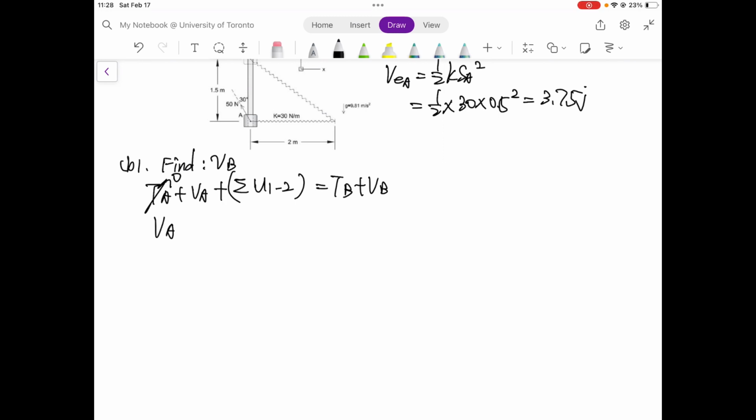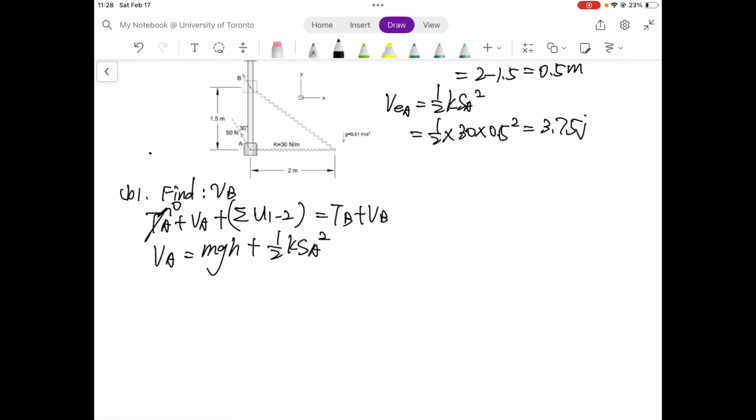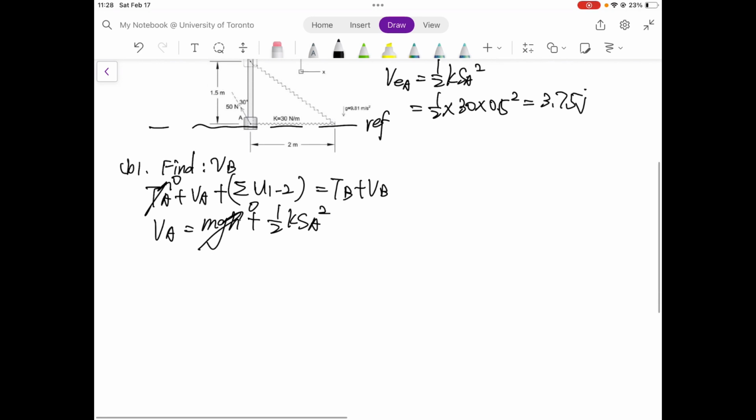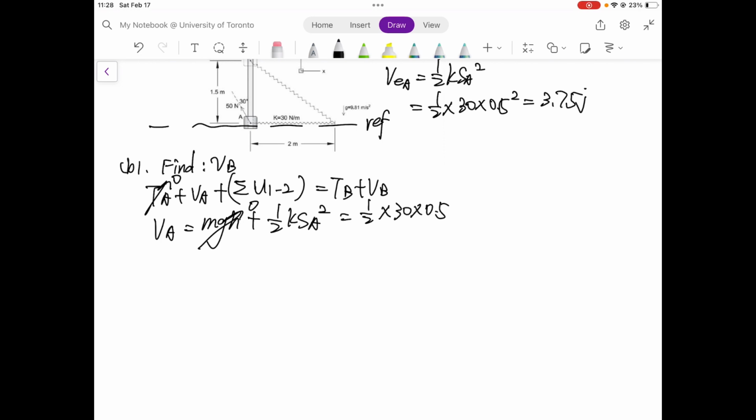VA is equal to all the potential energy, which is the gravitational energy and the potential energy from the spring. We can set this as our reference, so this is equal to 0. Equal to 1 over 2 times 30 times 0.5 squared, which is equal to 3.75 joule.